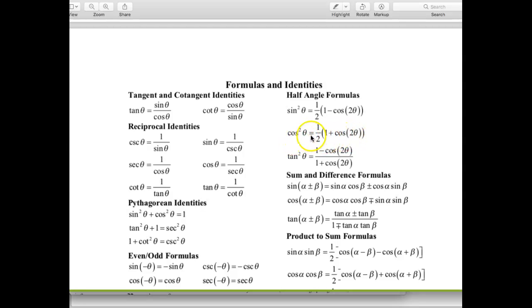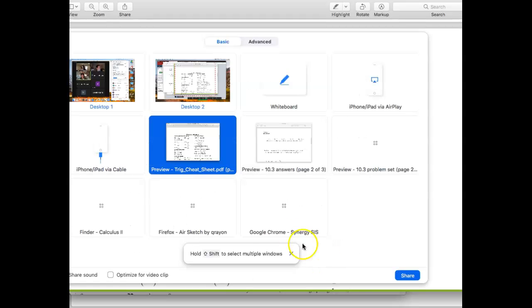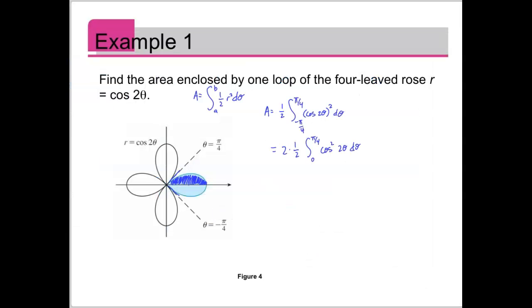So since my angle already is 2 theta, it's going to become 1/2 times 1 plus cosine 4 theta. All right, so this equals, those two canceled each other out, but when I use that identity, I bring in a new 1/2, and that's going to be 1 plus cosine 4 theta d theta.